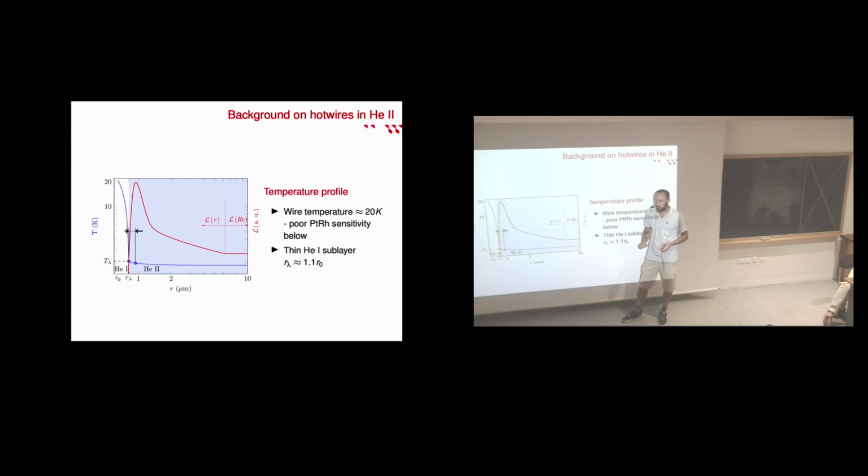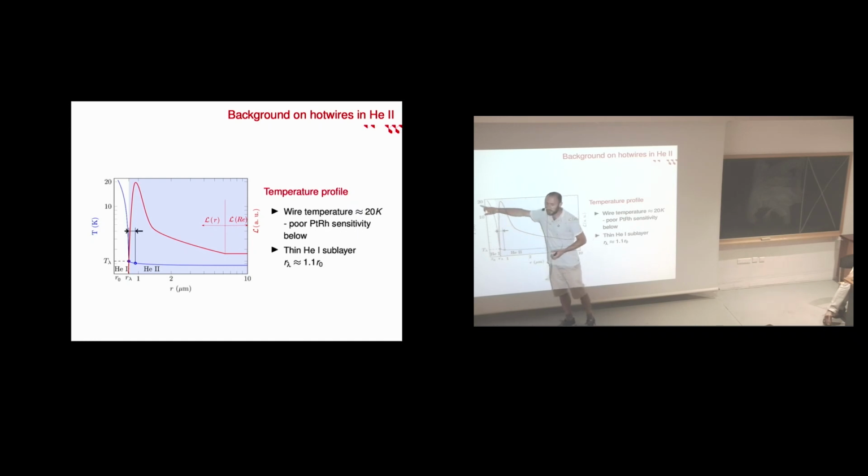And the wire is heated all the way to the helium-1 regime. It's overheated. In fact, this is what ensures the sensitivity to the velocity, as we showed. The fact that those wires are sensitive to velocity is due to this thin helium-1 layer on the wire.